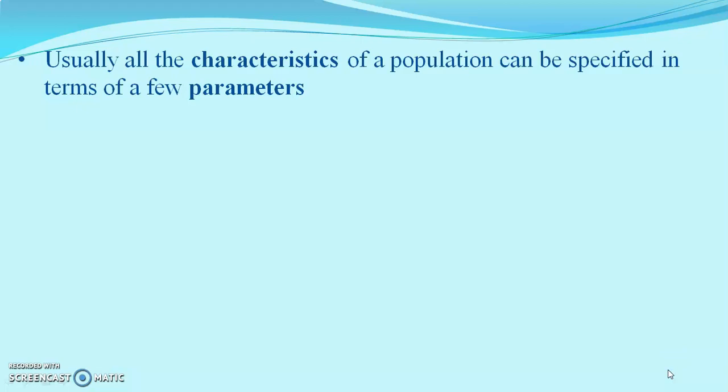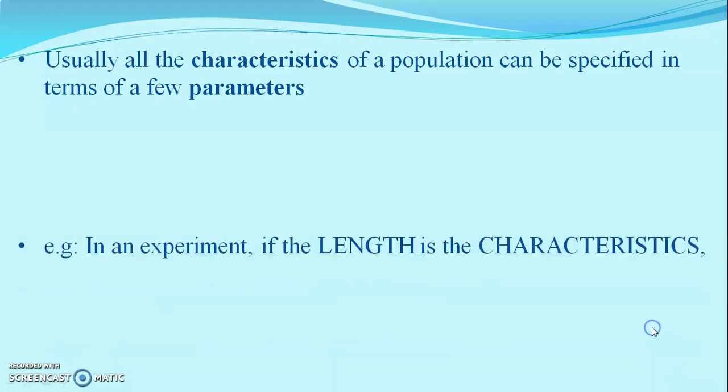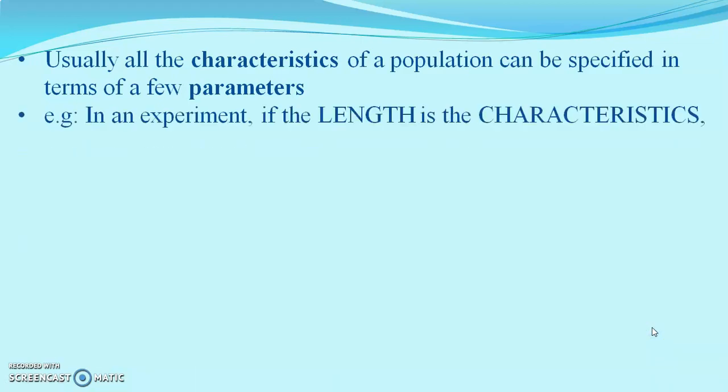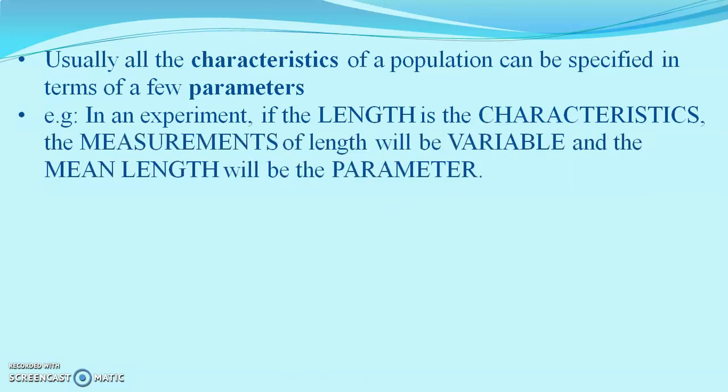Okay, did you get anything? Nothing? Okay, parameters are used to specify any characteristics of a population. If you are very confused, you can see. In an experiment, if the length is the characteristic, the measurements of the length will be variable and the mean length will be the parameter.